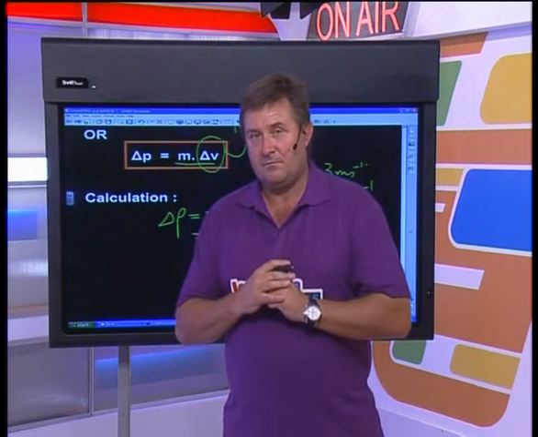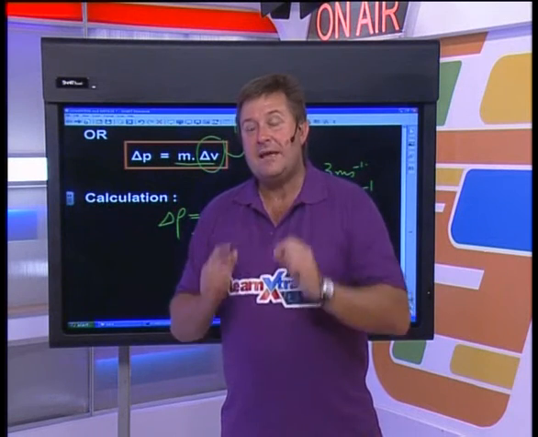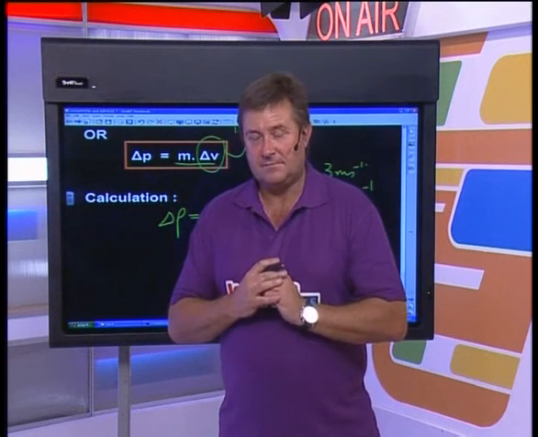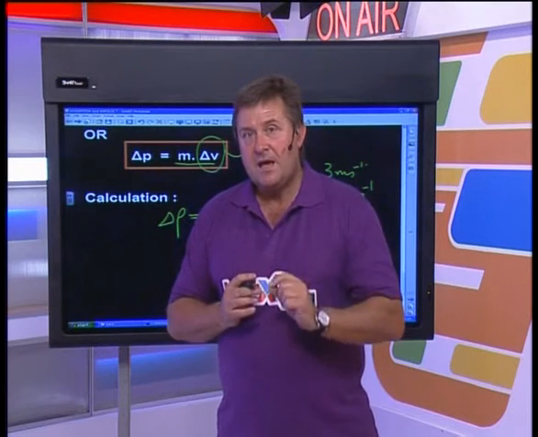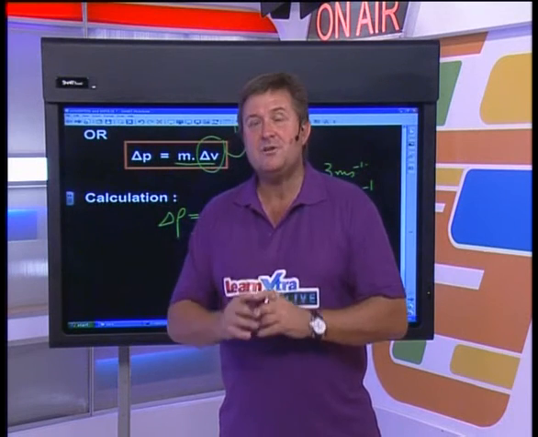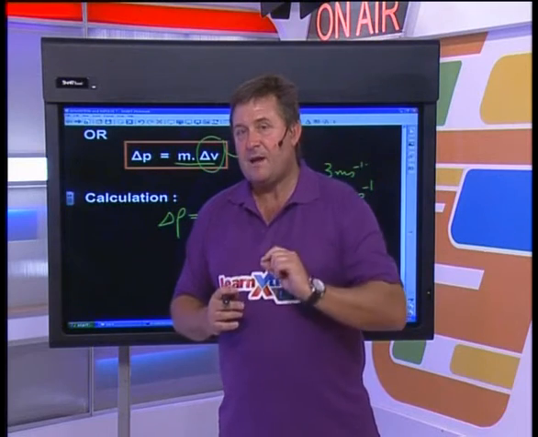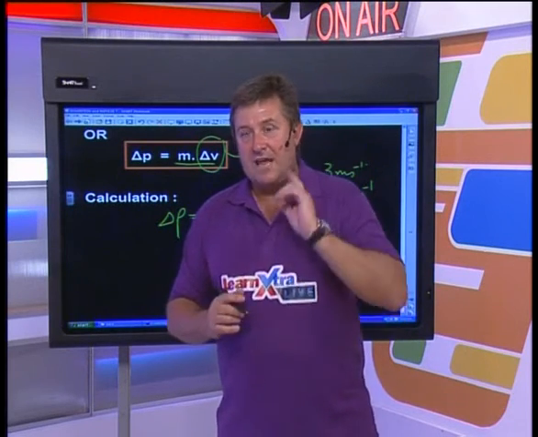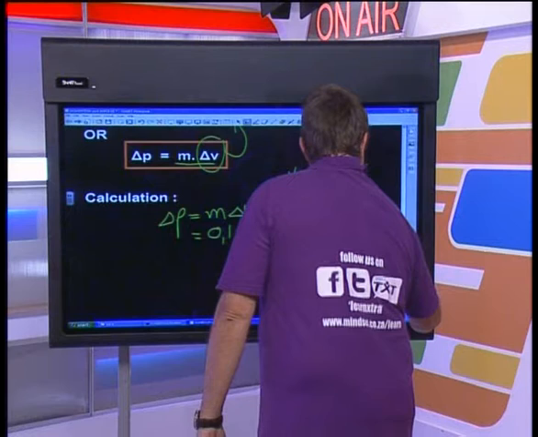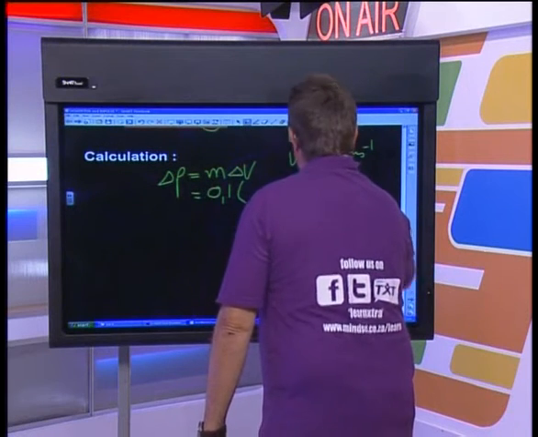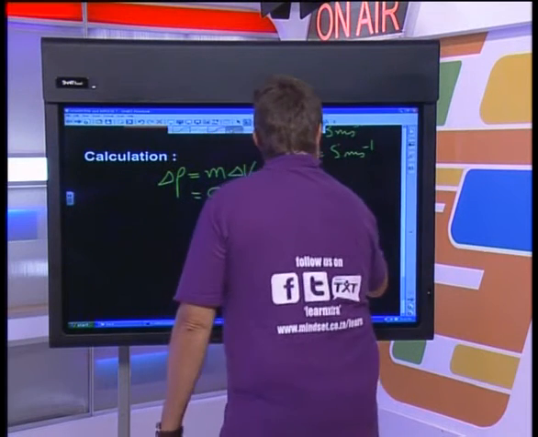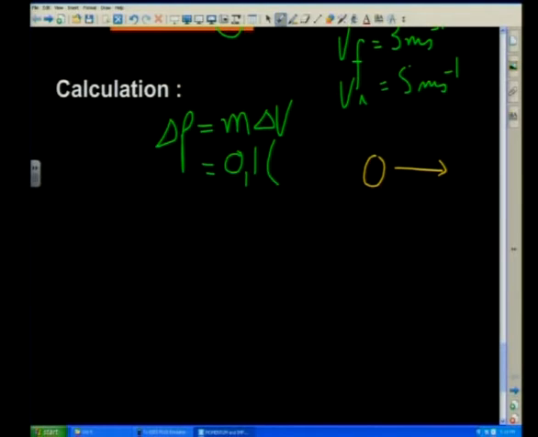Now, there's one important thing that we're going to have to make sure we understand before we can continue with this problem, and that is that momentum is a vector quantity. In other words, momentum has both magnitude and direction. A lot of you will be jumping up and saying, aha, because if we've got the tennis ball thrown against the wall in that direction and then bouncing off in that direction, we've got two different directions, haven't we?